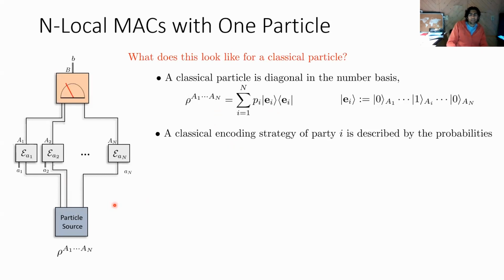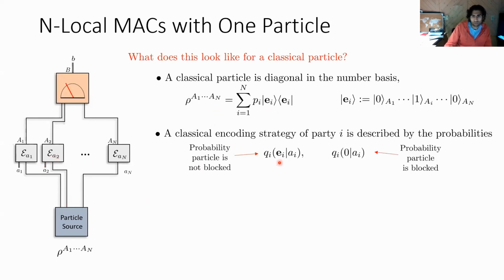The encoding strategy is actually very simple here. If the ball is sent along path i, there's really not much you can do. The party can either block the particle, or let it go through. So q_i is the probability that party i lets the ball through when it's sent down his or her path, and q_i(0|a_i) is the probability of blocking.